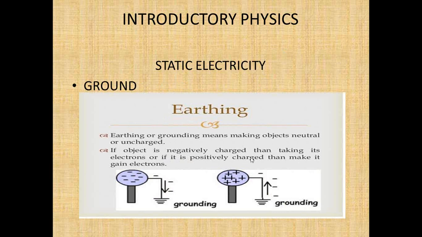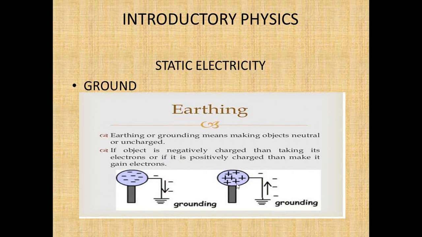If the object is positively charged, then it will gain electrons. So if you have a sphere which is negatively charged, and you apply grounding, you remove the electrons, the excess electrons, so it's going to become neutral.